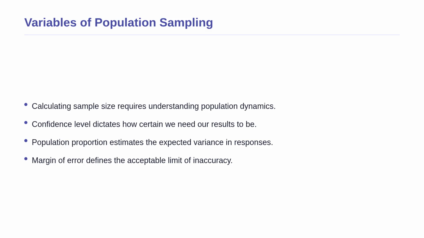Second, we must estimate the population proportion, which represents the expected variance or split in the responses we might get. Finally, we must define our margin of error, which sets the acceptable limit of inaccuracy we are willing to tolerate. Balancing these three conceptual pillars allows researchers to pinpoint exactly how much data is enough.